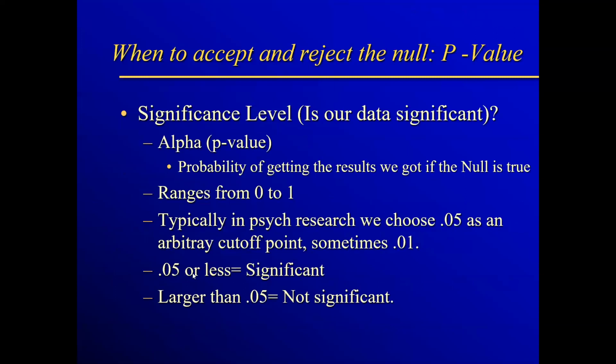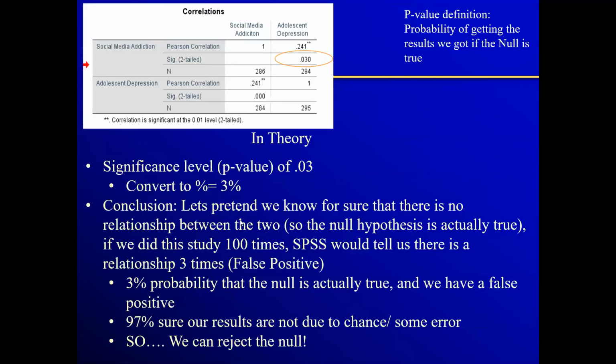And going back to this slide, we have this arbitrary cutoff of 0.05 or 5%. So this cutoff tells us, hey, we're confident that these results are actually true. We're confident that the null is not true because we're only wrong 3% of the time.